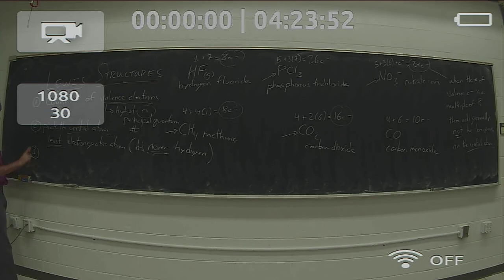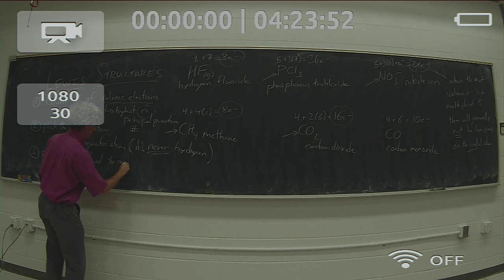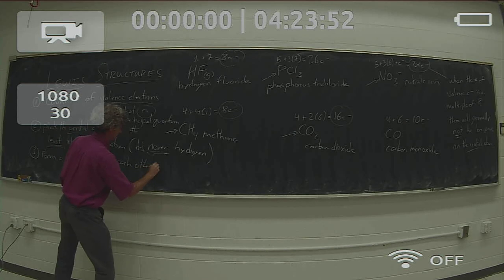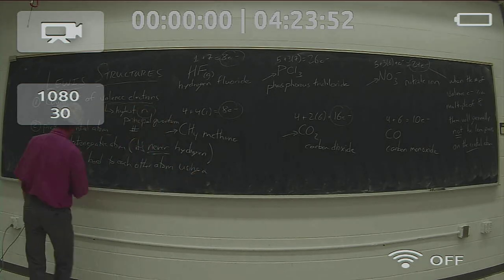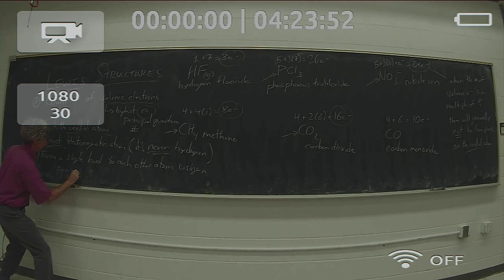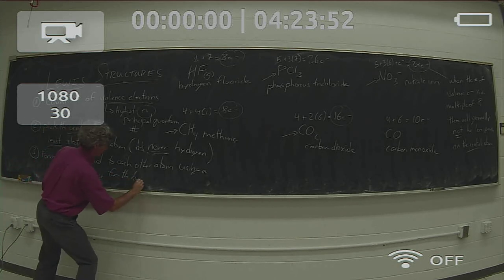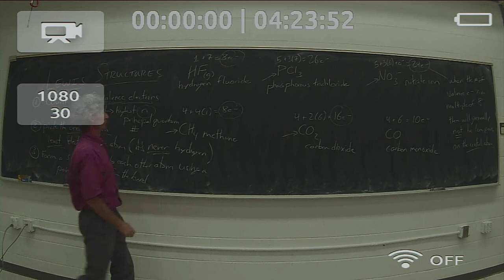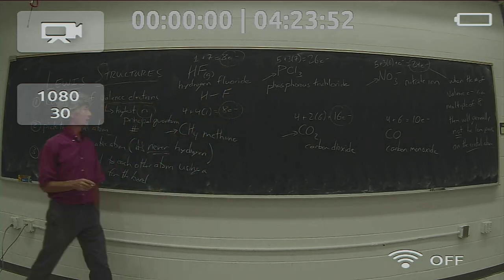Once we've picked the central atom, we're going to form a single bond to each other atom using a pair of electrons. So we will put the hydrogen and the fluorine together using a single bond.